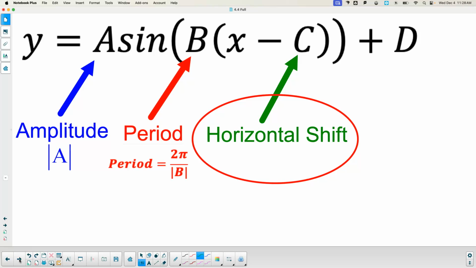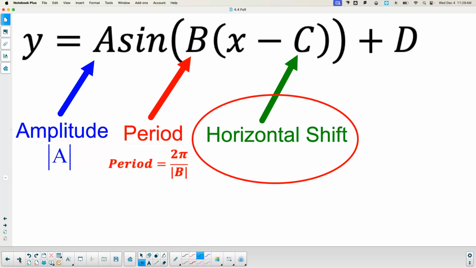In math, with functions, anytime that you think of something that's inside parentheses, you think opposite. If you think back to Algebra 2 when you were graphing and dealing with parabolas, the vertex form of a parabola had x minus h quantity squared. And you thought oppositely back then. That still holds going forward.